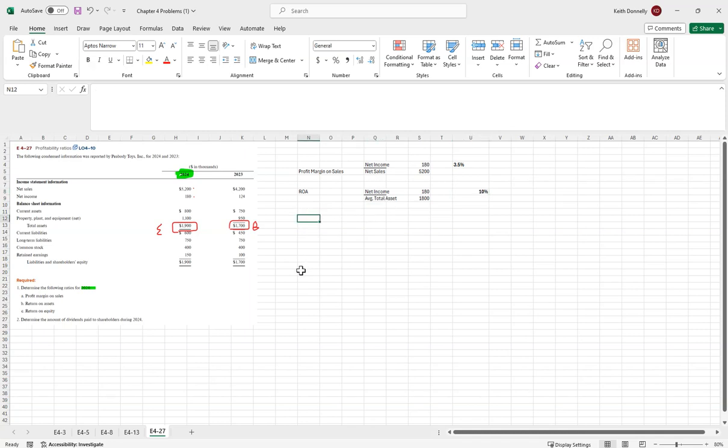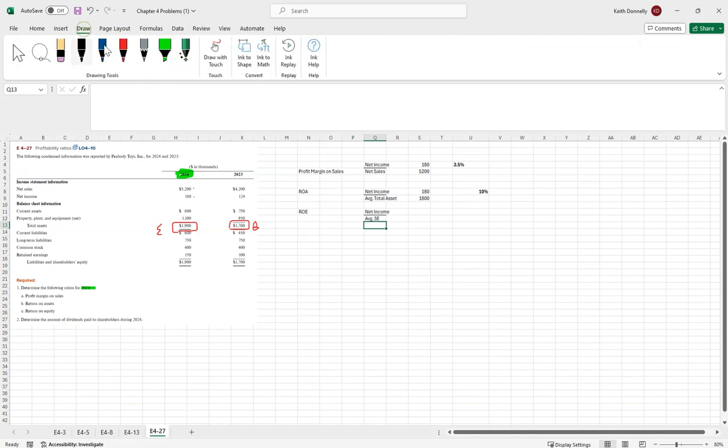All right, how about return on equity, ROE? The equation for this, again, is going to be net income over the average shareholders' equity, stockholders' equity.